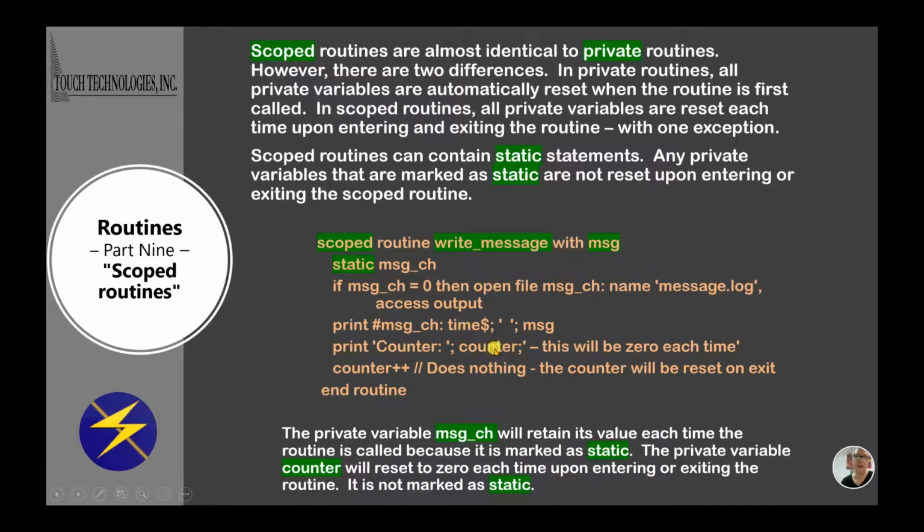Upon entry, counter is reset to 0, and upon exit, it will also be reset to 0. Very similar to functions you're probably used to in other programming languages. The private variable MSGCH retains its value each time because it's marked static. The private variable counter will be reset upon entry and exit because it's not marked as static.